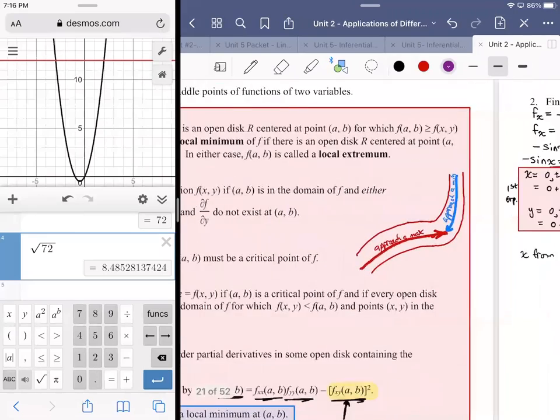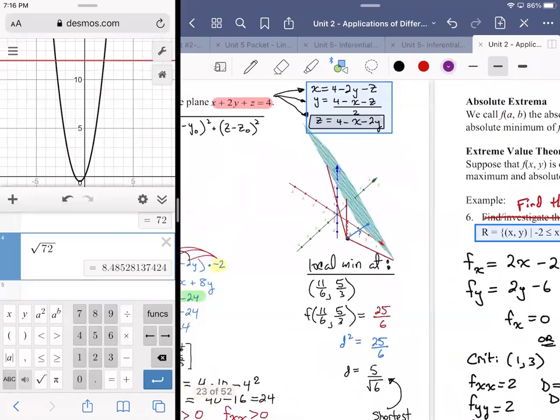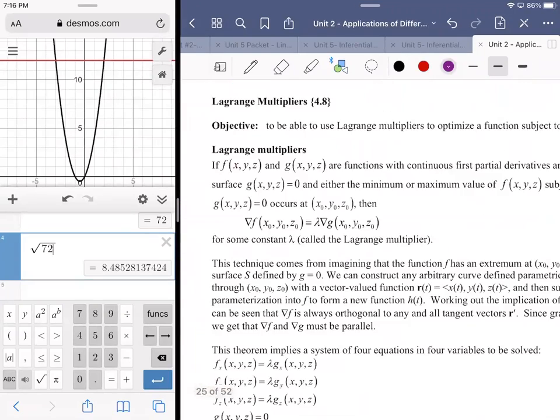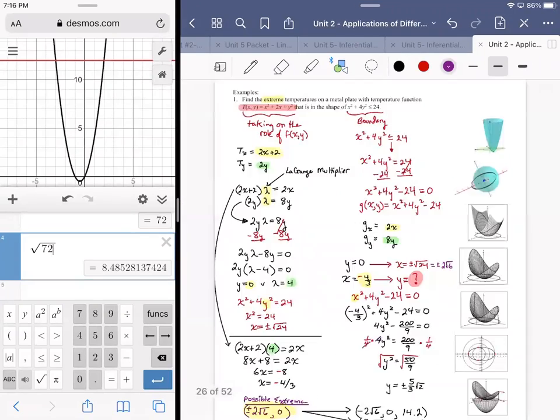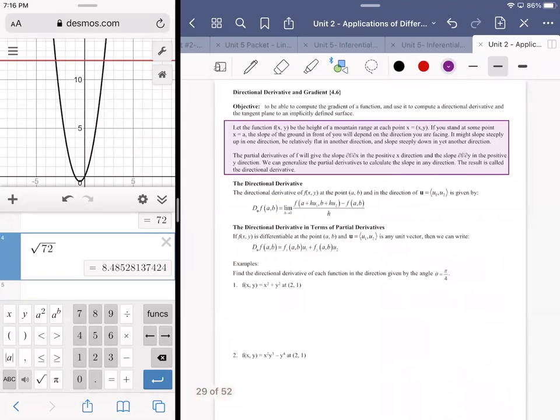The gradient takes that into account, the idea that depending on where you are on a surface, you're going to have a different perspective related to the slope.